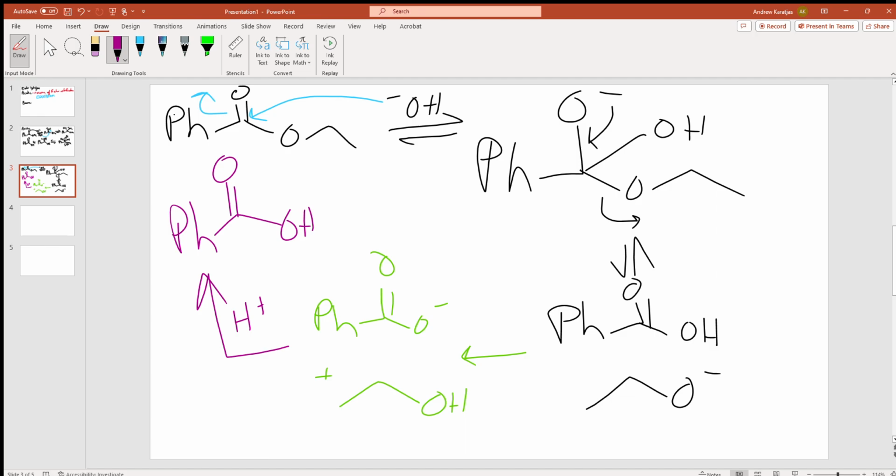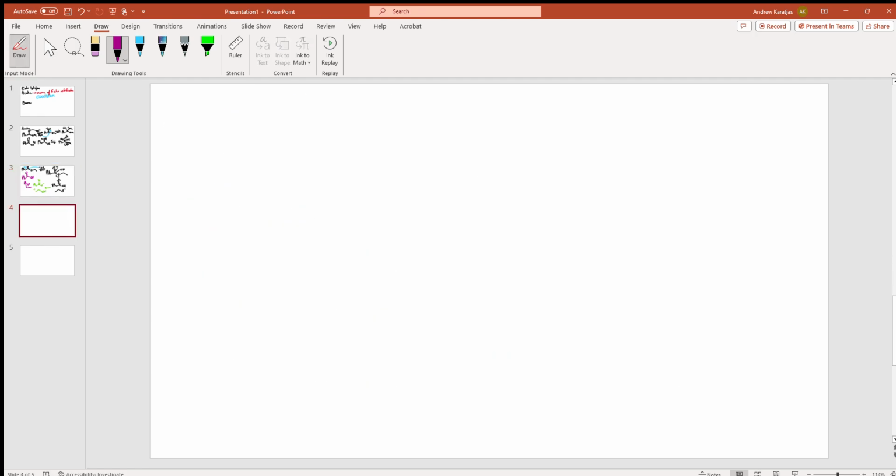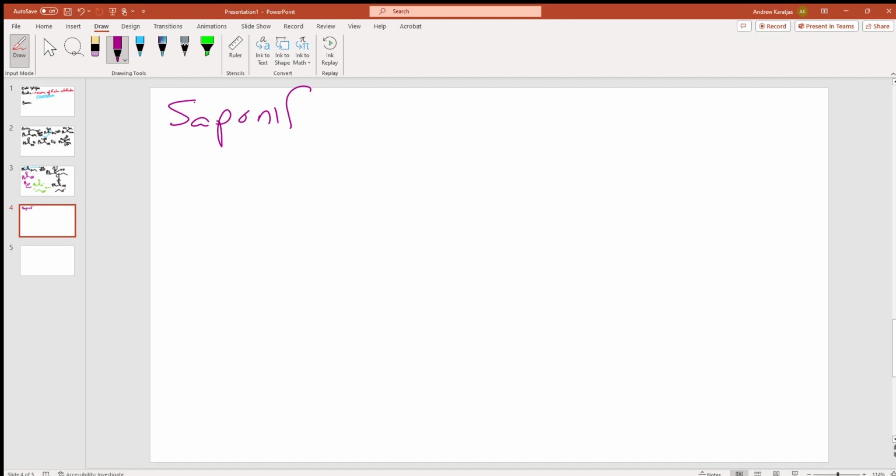Now, one pretty interesting, neat application of ester hydrolysis, it even gets into why this reaction sometimes is referred to by another name, which is saponification. It involves a compound that actually has 3 esters.